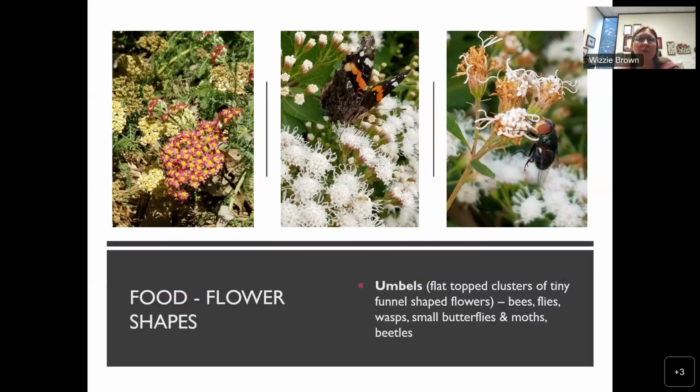And so on here, you'll typically see things like bees, butterflies, moths, and then also you can get the flies like you see on the right-hand side. That one right there is a flesh fly. And there are also sometimes beetles, because this will give them a larger resting area to actually land on, and they can access the pollen, maybe not necessarily the nectar, but they can get the pollen.